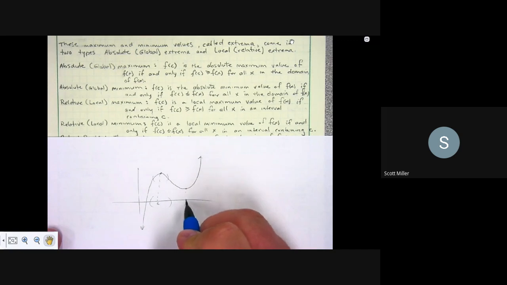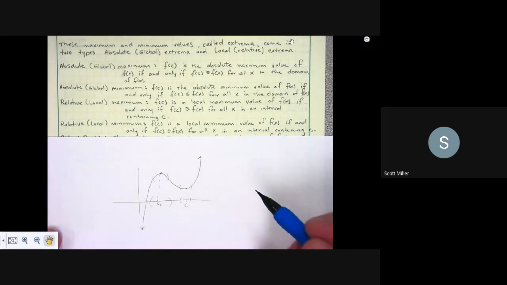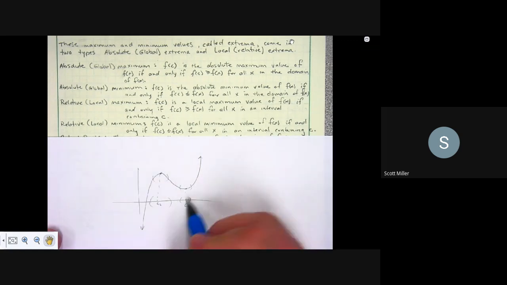So this is c1, c2 over here, I just marked it. Here's an interval right here, and these points have y values here. And this is the lowest value of all the y values in this little interval. That is a local minimum. That's what it is referring to. In some interval containing c, there is a y value here, there's a y value here, and this is the lowest one of all. Now, these are very important to us, okay?